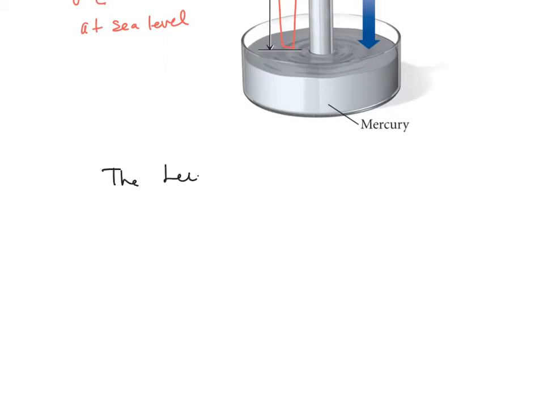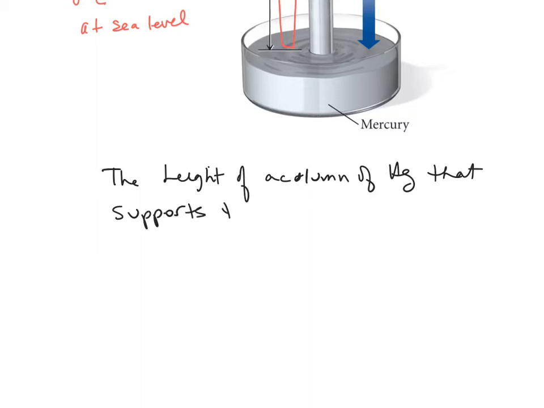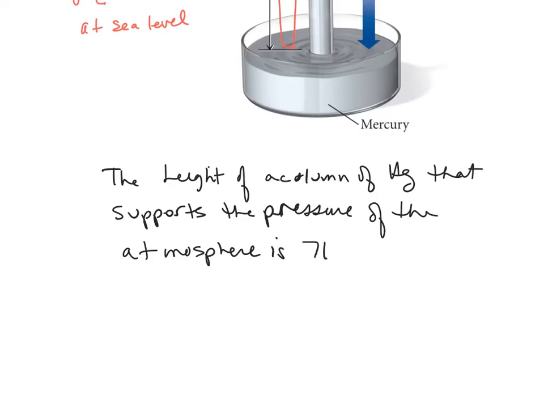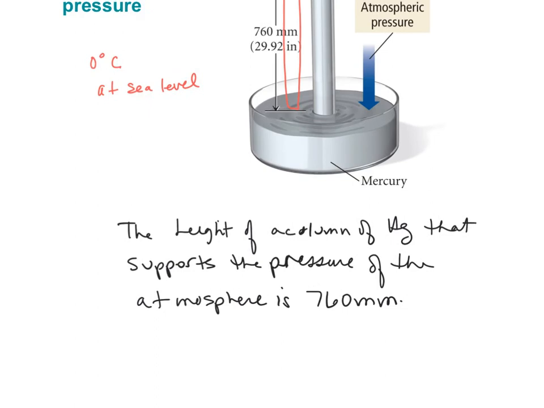The height of a column of mercury that supports the pressure of the atmosphere is 760 millimeters under the conditions of sea level and 0 degrees C.